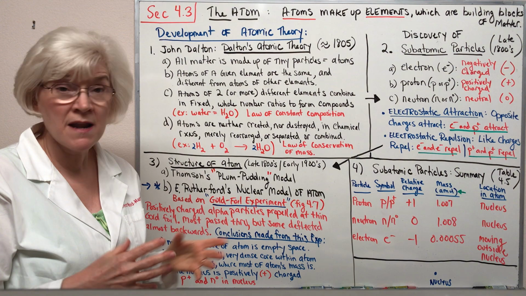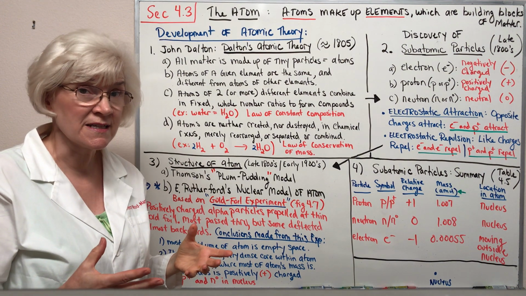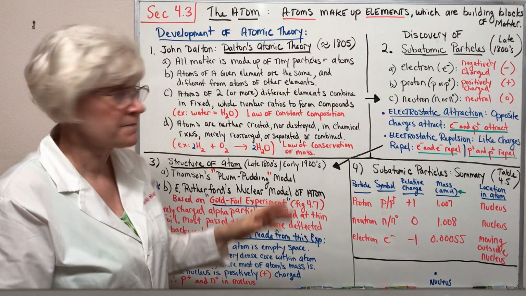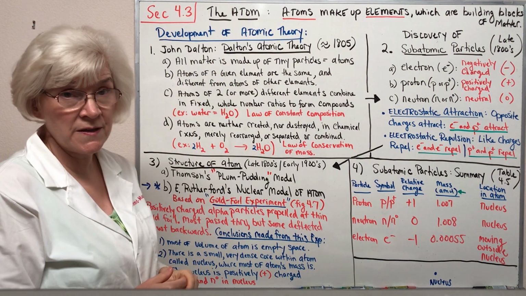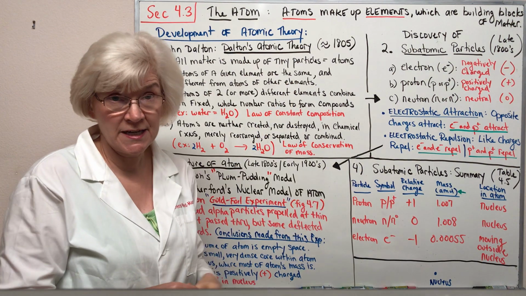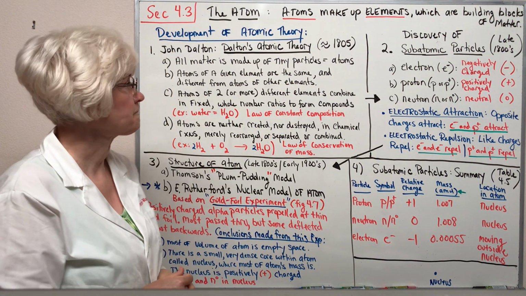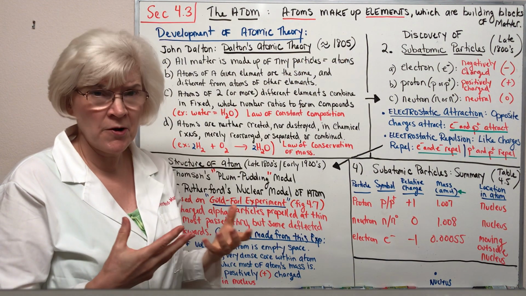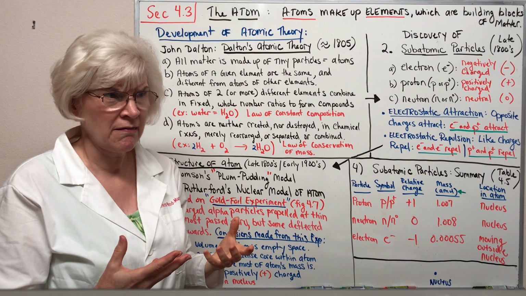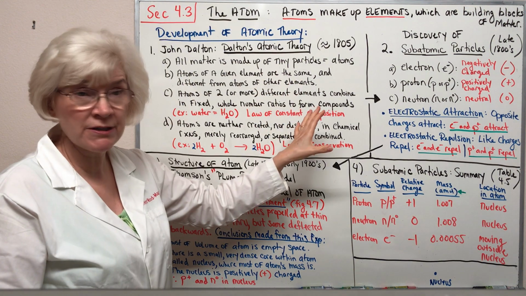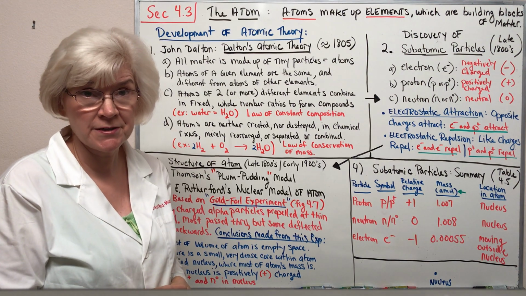Based on a number of experiments that he conducted, he was able to publish around 1805 his atomic theory, which is the foundation for our understanding of what atoms are. I'm always fascinated with the fact that it's not that long ago, and how much we've learned in a little over 200 years.